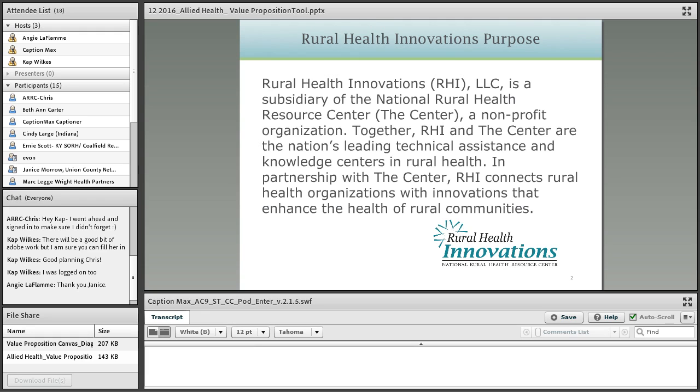And we work with networks and rural health organizations across the country providing technical assistance and services in areas like strategic and business planning and using balanced scorecard for evaluation, marketing efforts, improving efficiencies, and helping organizations transition towards value-based models of care and payment.